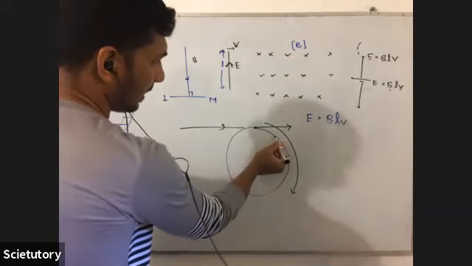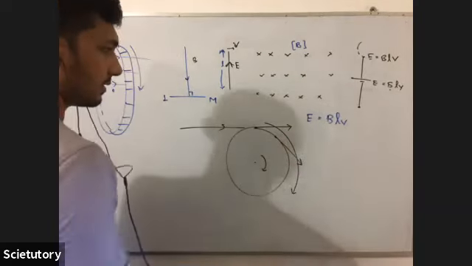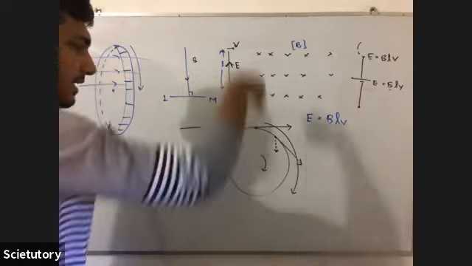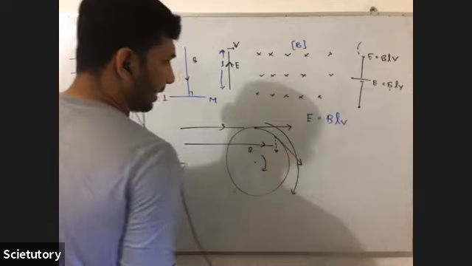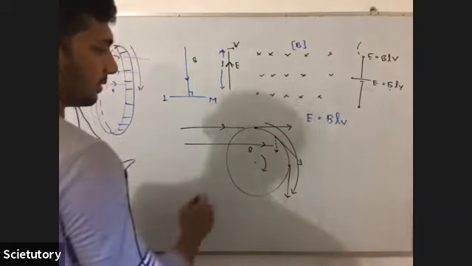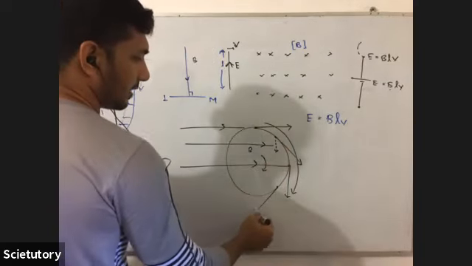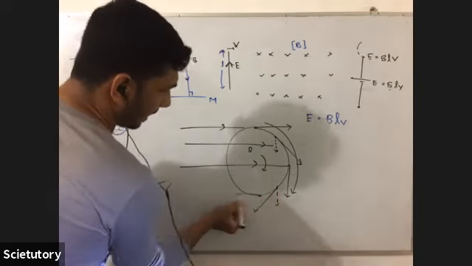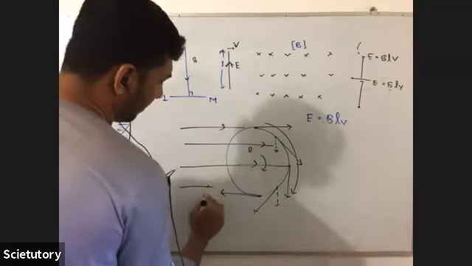But when it comes here, it will have a velocity like this, and this particular velocity has a vertical component, which actually cuts the magnetic field line. So here, this is exactly perpendicular to the magnetic field line. Here, it has a component. Here, it doesn't have a component because it's anti-parallel to the direction of B.